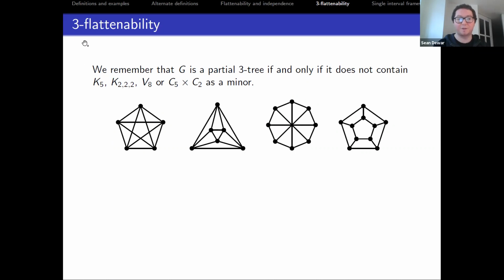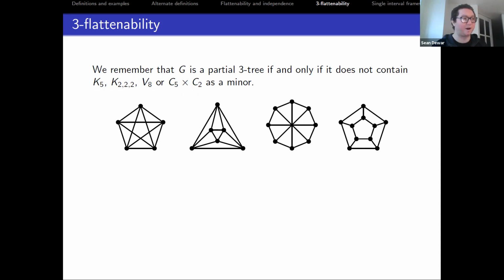So for the 3 flattenability stuff, we remember that G is a partial tree if and only if it doesn't contain one of these 4 graphs from a previous result. What we now want to do is identify what is 3 flattenable.